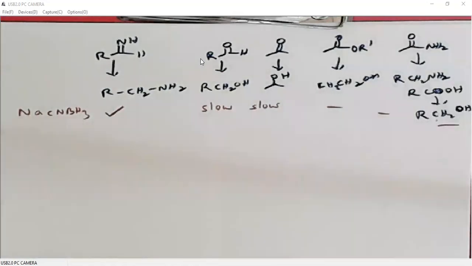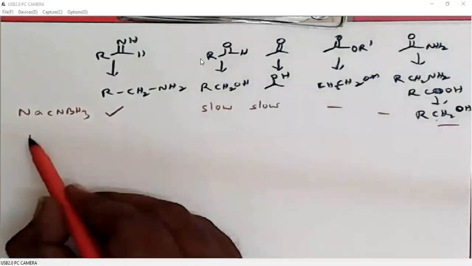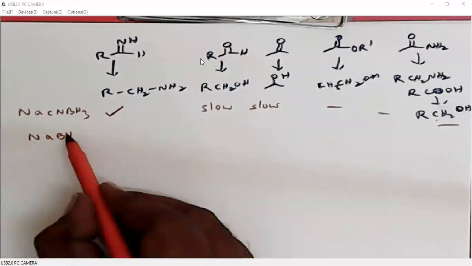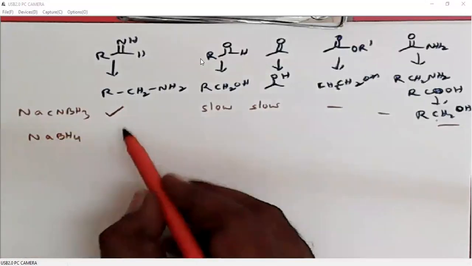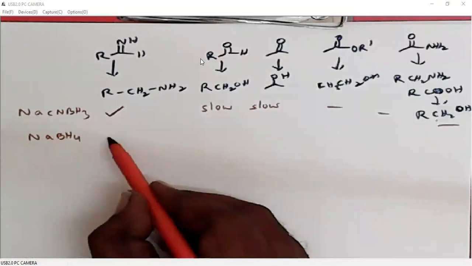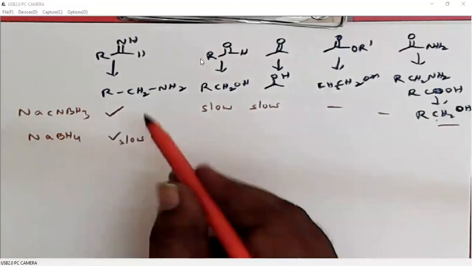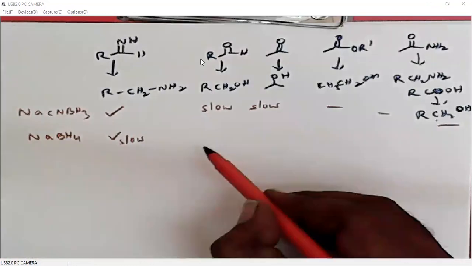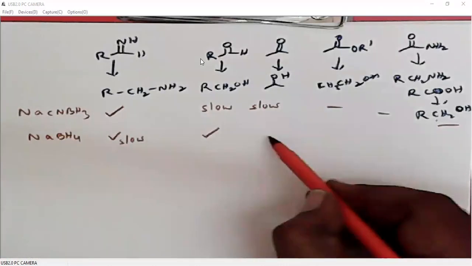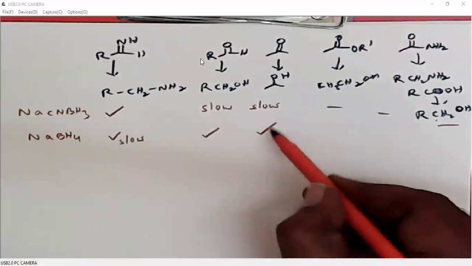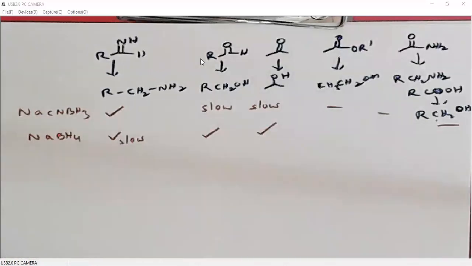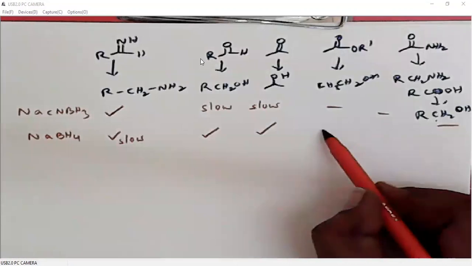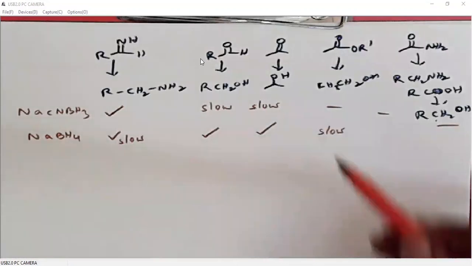Then when we look at sodium borohydride, it will not be used for reductive amination. Of course, it will reduce imine to amine, but we don't use it for that. Carbonyls, aldehydes and ketones, can be reduced with sodium borohydride.